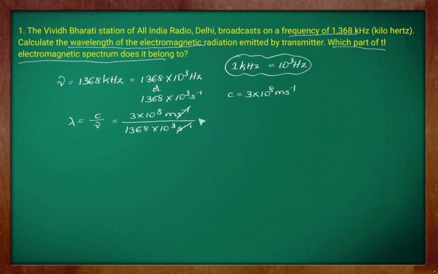The unit cancels, and after simplifying the remaining terms in the numerator and denominator, we get the wavelength as 219.3 meter. Radiation of this wavelength corresponds to the radio wave region of the electromagnetic spectrum.